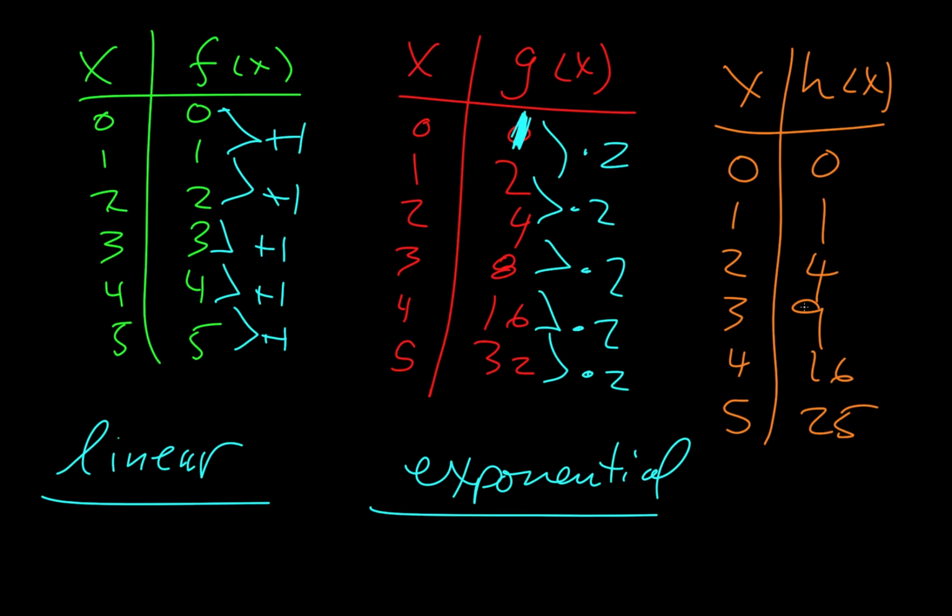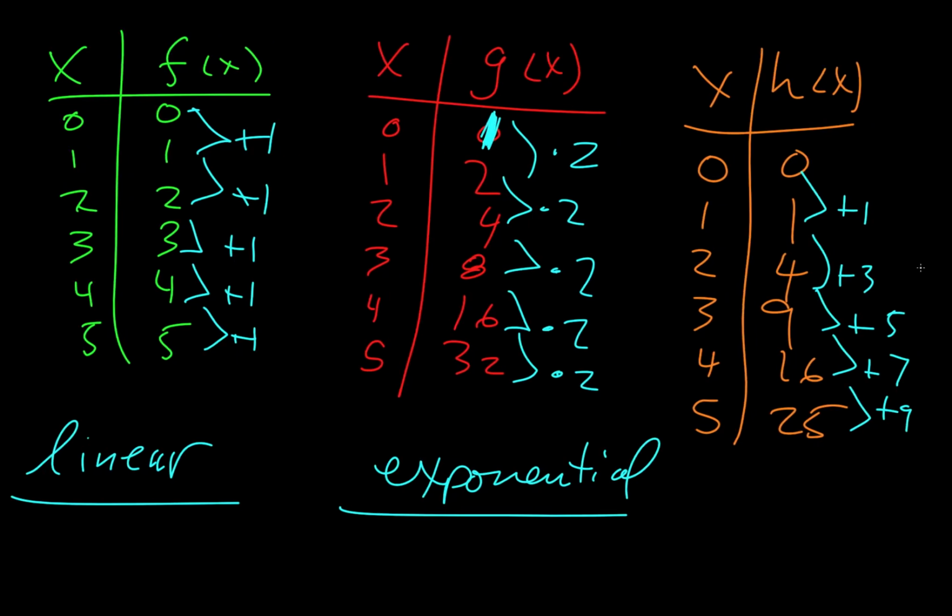Okay? Now this one's a little bit different because, let's see, we can think of it like we're adding 1, adding 3, adding 5, adding 7, adding 9, and so the secondary addition would be to add 2.